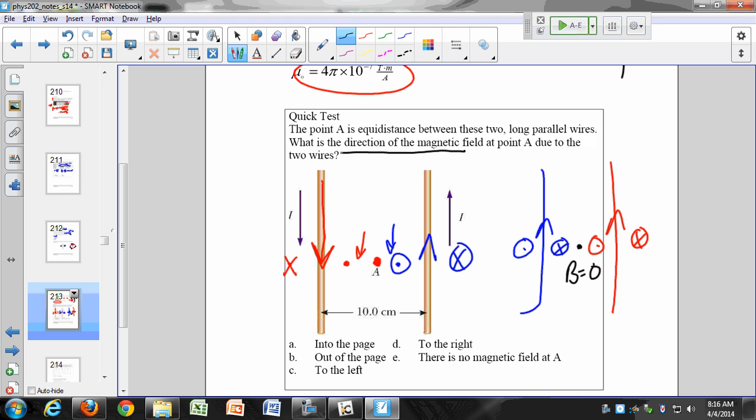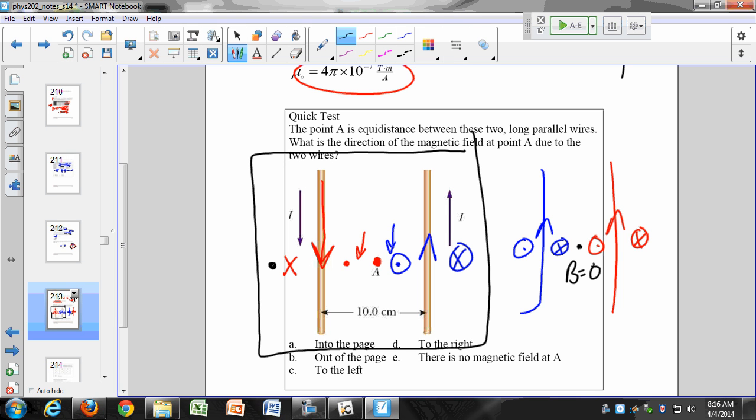Let's go back to this situation right here. What about at a point over here? What is the direction of the magnetic field? It would be into the page, yeah.